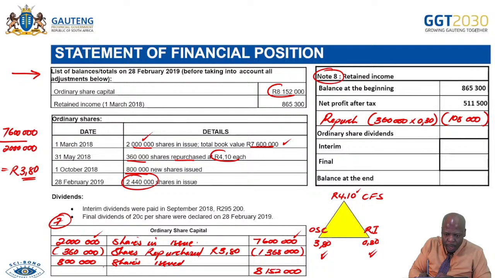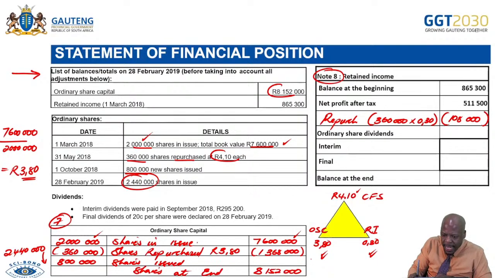Okay, so here we're going to get our 2,440,000. That is what we would send right at the bottom there, so that becomes our shares at the end.